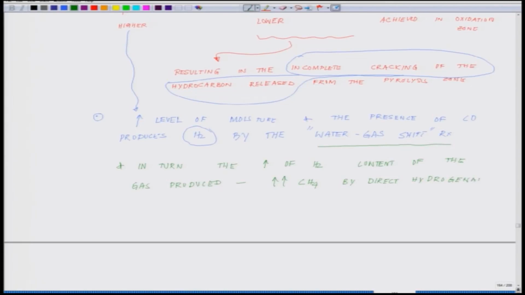Okay. Hydrogenation, which is basically addition of H2.